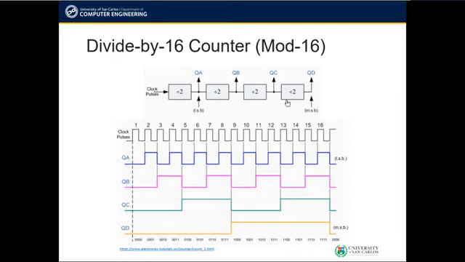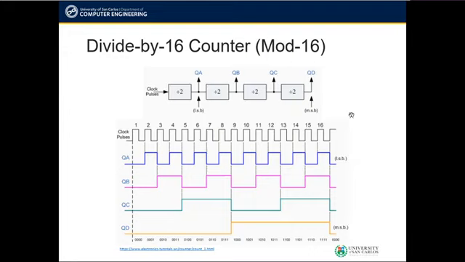The output of this flip-flop, labeled as QA, is the least significant bit, and the output of this flip-flop, labeled as QD, is the most significant bit.